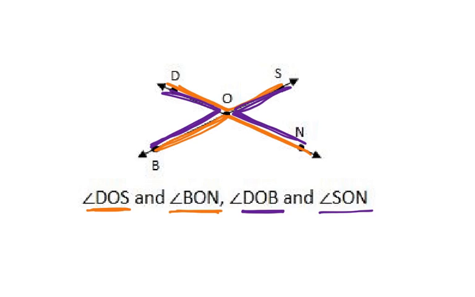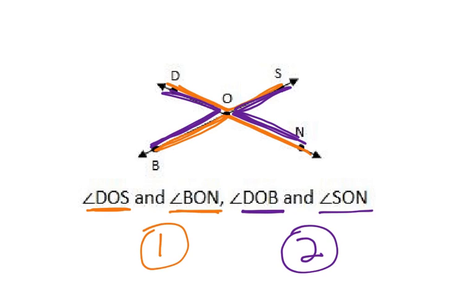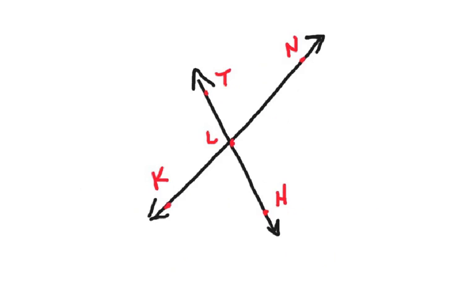Those two angles, highlighted in purple, are also equal to each other. So we have two pairs of vertical angles, DOS and BON, and DOB and SON. So we have two pairs of vertical angles that form when two lines cross.